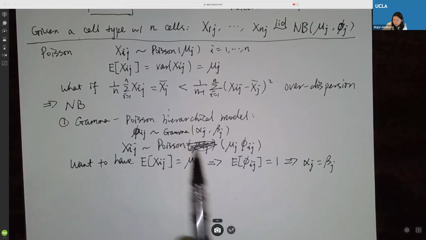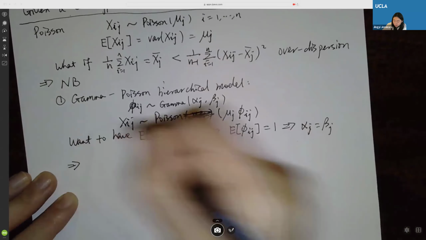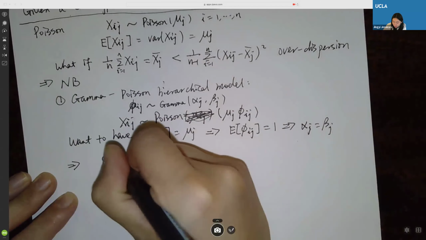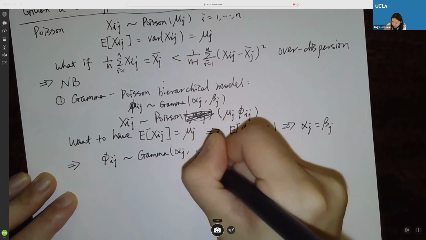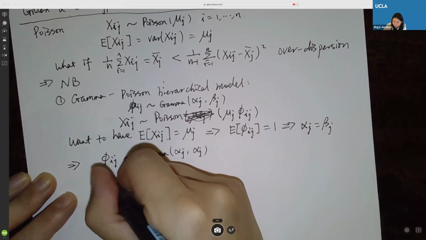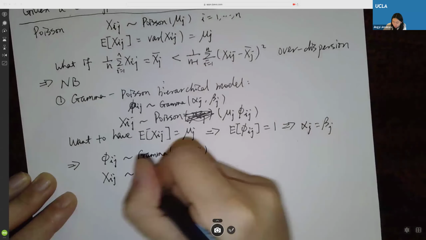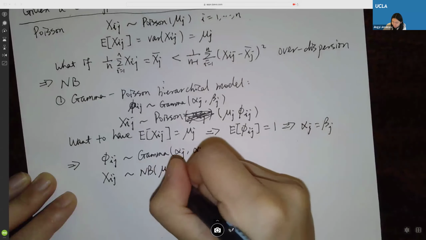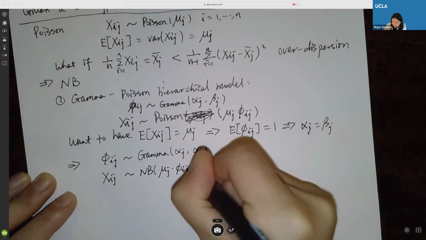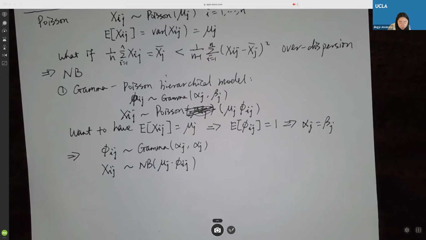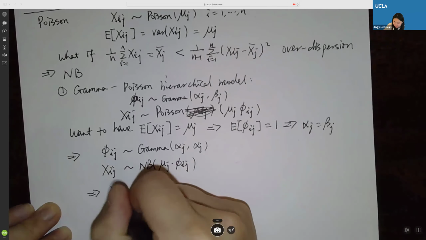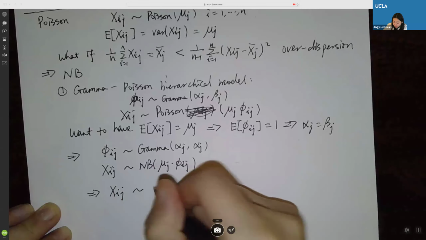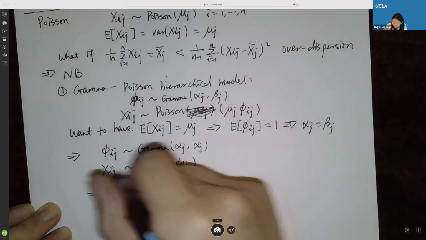So basically, in other words, if I have phi ij follows gamma with just one parameter alpha j, and xij follows a distribution with mean mu j times phi ij, in this two-layer hierarchical model, I can show that xij follows, sorry, my bad, Poisson, bear with me.